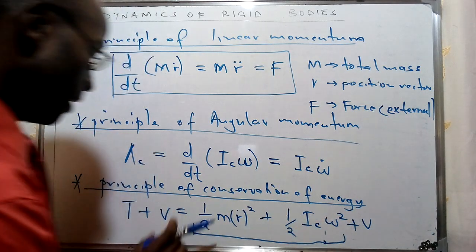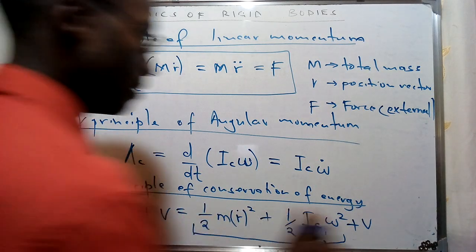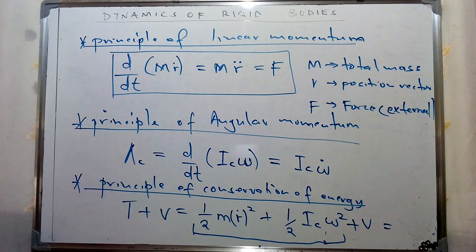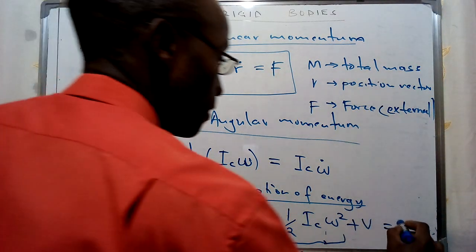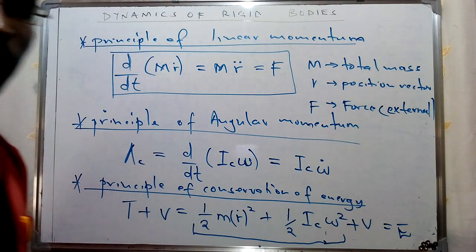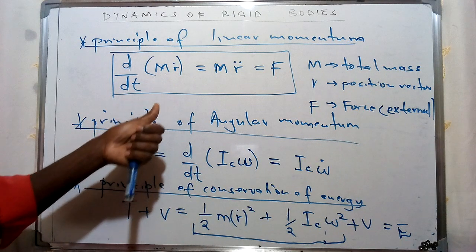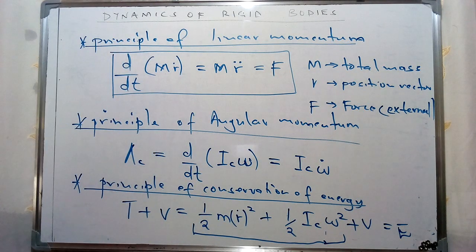And then we shall have the kinetic energy, the potential energy given as that one. And this is going to be equivalent to the total energy of this specific system, which is going to be constant. So these are some of the laws which we are going to consider in our dynamics of rigid bodies.